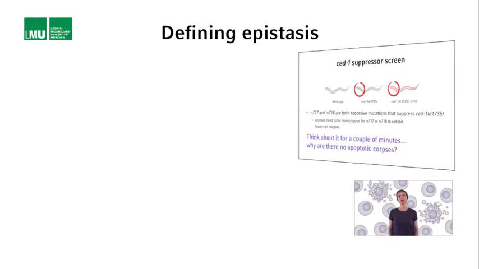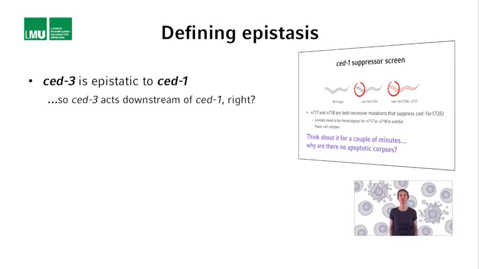One more note on epistasis and epistatic interactions. Remember that the first mutation in the Z3 gene, N717, was identified as a suppressor of the Z1 mutation E1735. The loss of Z3 masks the loss of Z1, which means that Z3 is epistatic to Z1. Based on what I just told you, that would mean that in a genetic pathway, Z3 acts downstream of Z1.